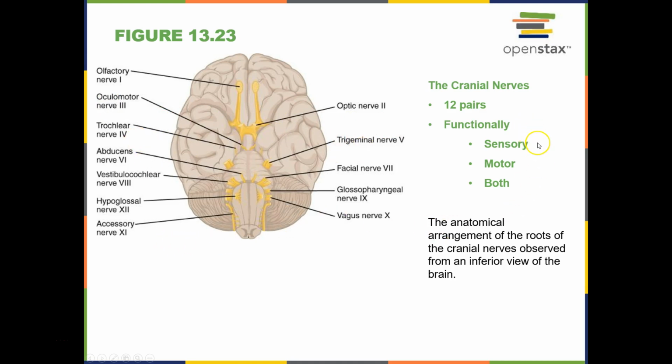You also want to know sensory, motor, or both, and there are some different mnemonics that you can use for those who like mnemonics. The one that I learned was "Oh, oh, oh, to touch and feel very good velvet," so it goes down. That's how I learned them.